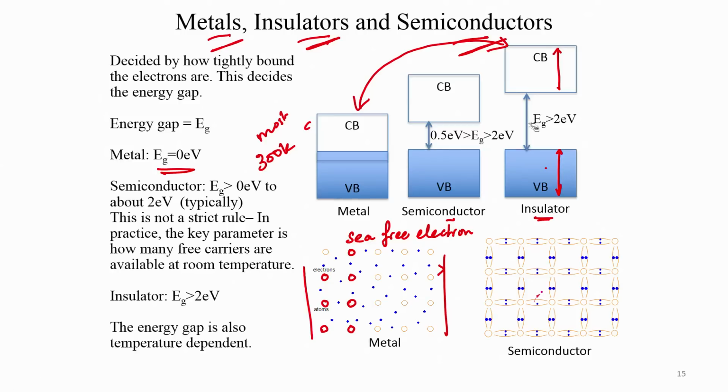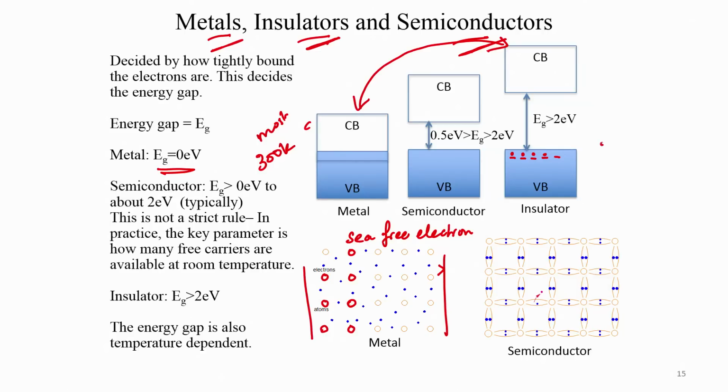The answer has to do with their conductivity at room temperature. Let me explain that a little more clearly. So let's take an insulator. In the case of an insulator, you have some electrons sitting in the valence band.